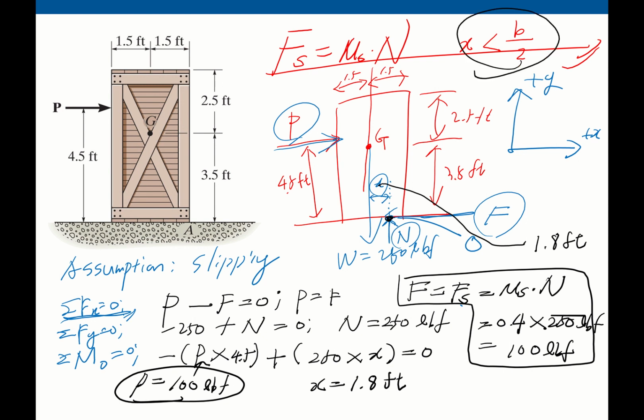we have to check whether this distance is less than the half of the width, which is b over 2, that is 1.5. Since 1.8 is actually greater than 1.5, this equation is not satisfied, so our assumption has some issues.